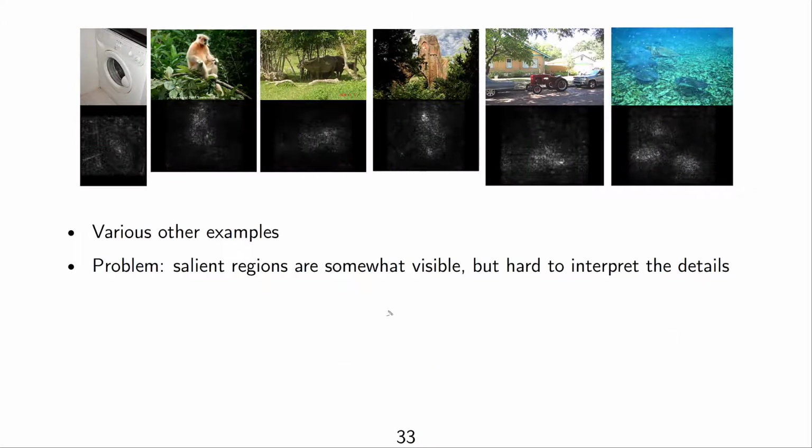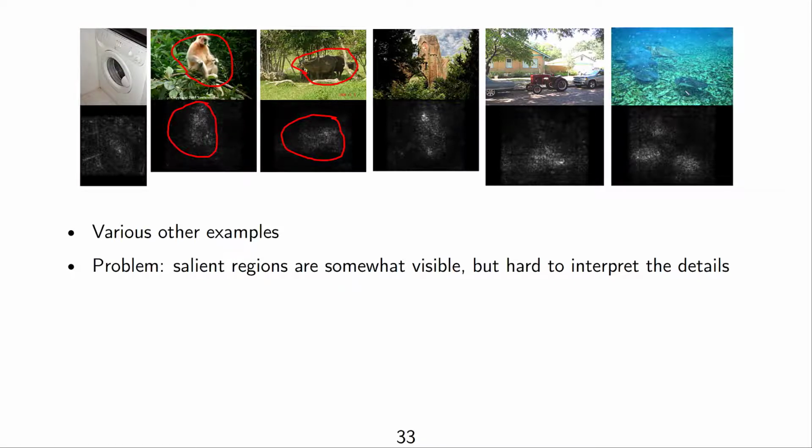Some various other examples, but still a bit difficult to interpret. Let's say we have this monkey here, then this visualization really seems to correspond to the pixels covered by the monkey. Some other animal here, and again the salient pixels seem to do a pretty good job.